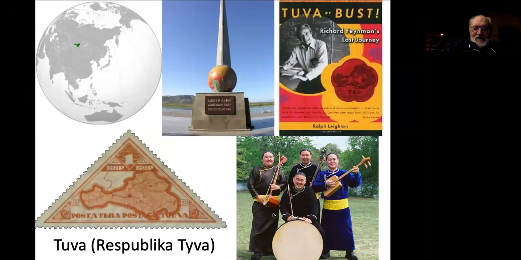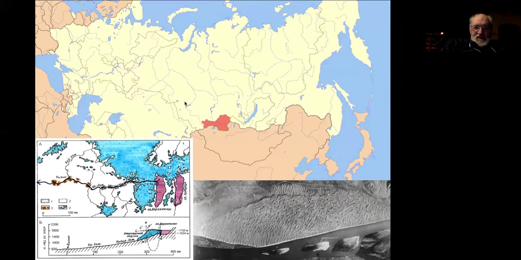Tuvan people have a unique culture where they do what's called throat singing, unique instruments. So, and here it is in the green where it's located, just north of Mongolia. The Tuvan people are closely related to Mongolian people.